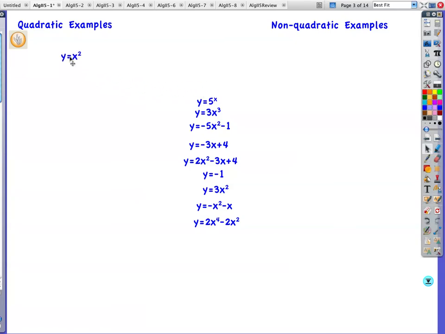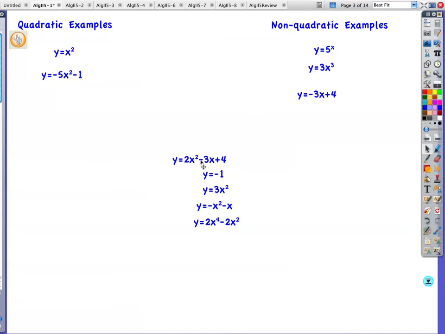This is quadratic. It's an x squared. x to the x power is actually exponential, so it's non-quadratic. x cubed, non-quadratic. x squared minus 1, quadratic. This is linear. 2x squared minus 3x plus 4 is quadratic. y equals negative x, or y equals negative 1, is linear. y equals 3x squared, quadratic. y equals negative x squared minus x, quadratic.